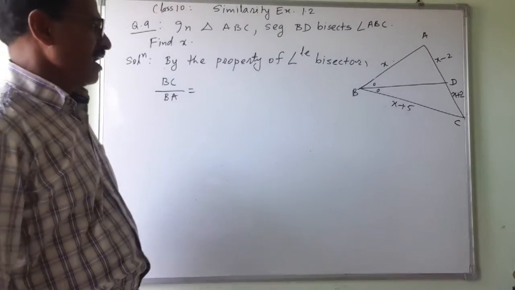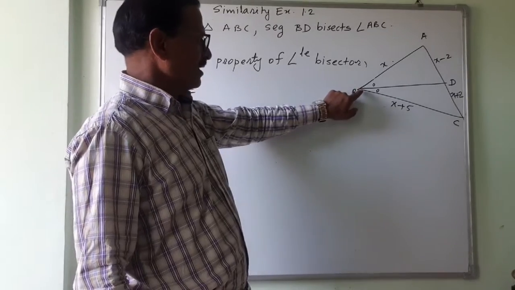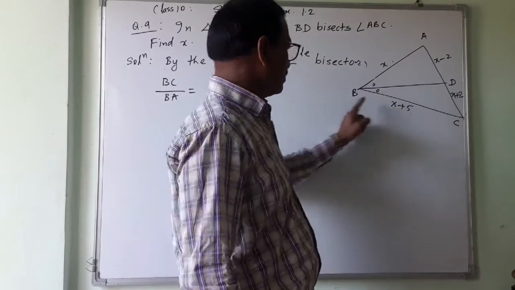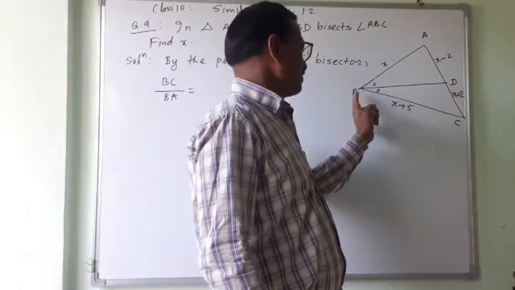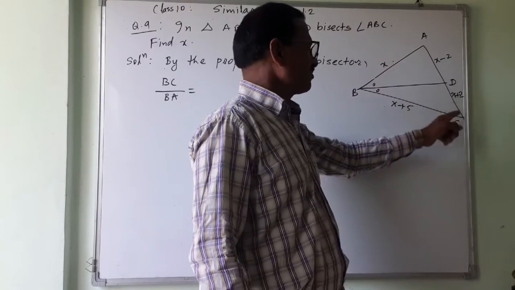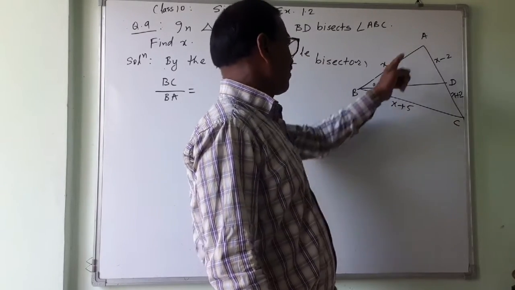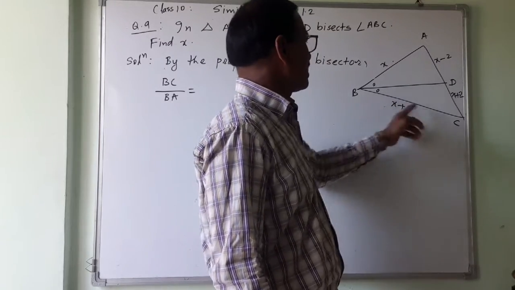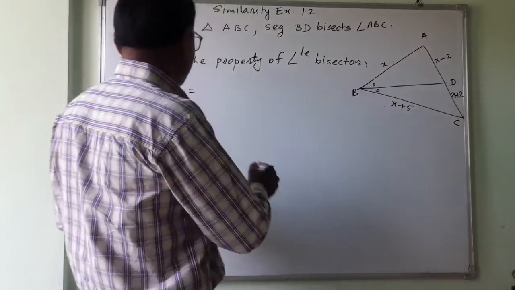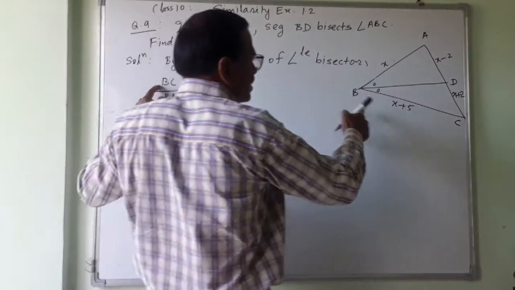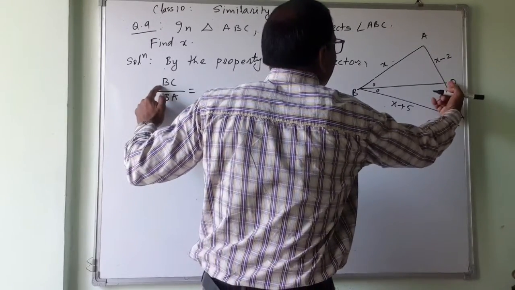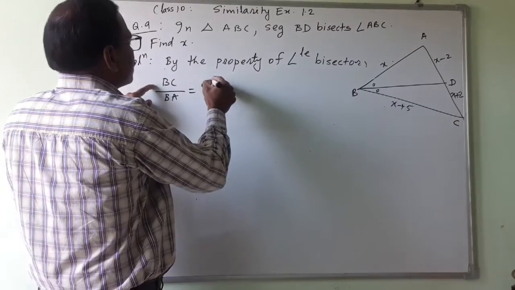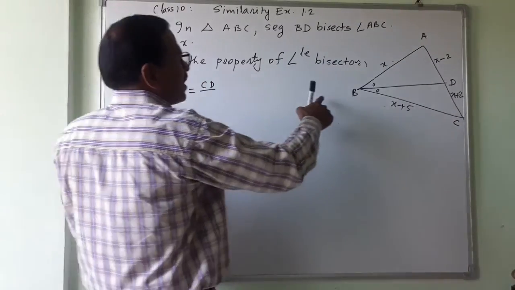How to take the name I have told you. This is the angle bisector. Start from B. Means BC and BA. Don't say CB upon AB. Say this way. BC BA is equal to. Now B to C we have taken. From C now come here. C to D. Upon B to A I have come.